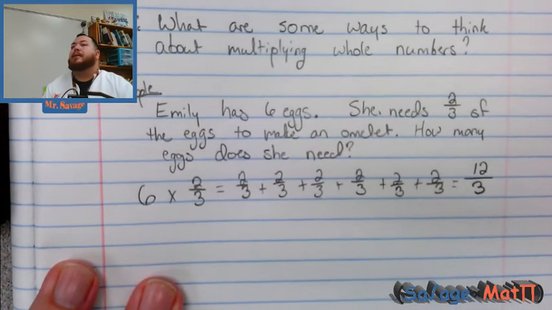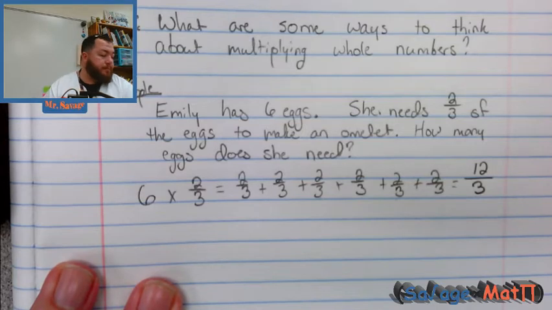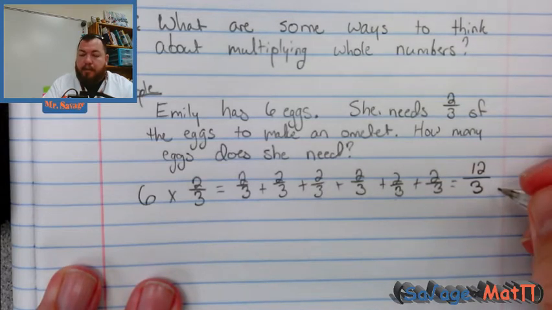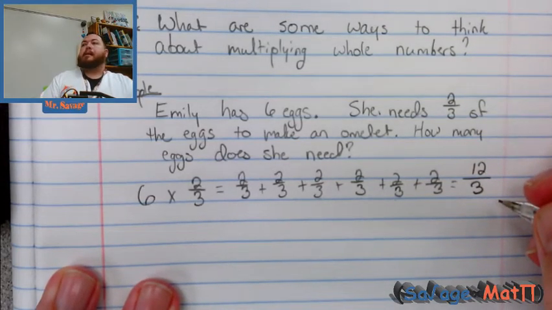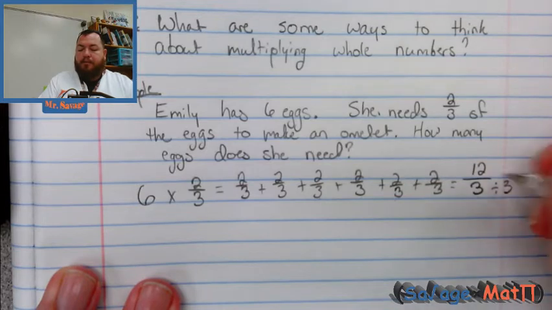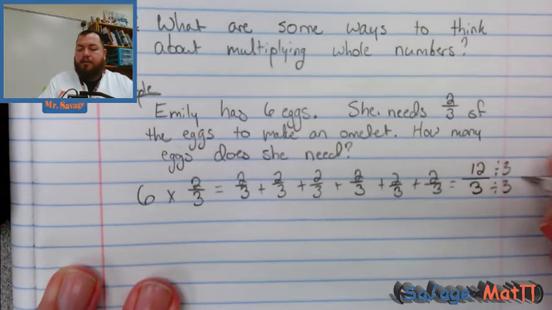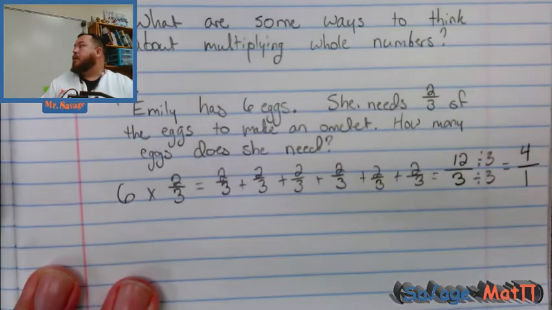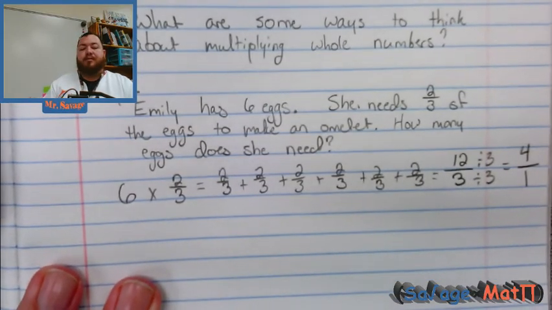Now I'm not done yet because I need to simplify. I know that 3 goes into 12, so I need to divide. I'm going to divide each side by 3, because I know that 3 goes into 3 and 3 goes into 12. So 12 divided by 3 is 4, and 3 divided by 3 is 1, so 4 over 1, and 4 over 1 is the same as 4.